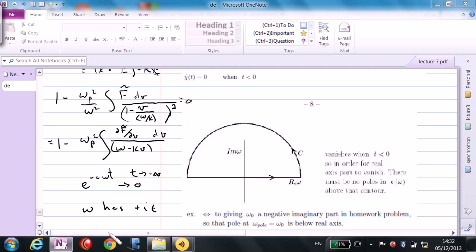If I multiply i by a positive I get a minus sign, so I get e to the minus infinity, which is what I want. So omega has a positive imaginary part, and that means that this contour integral is going under the pole. But what it really means is that the pole is slightly above the real axis. Question? No. Okay.